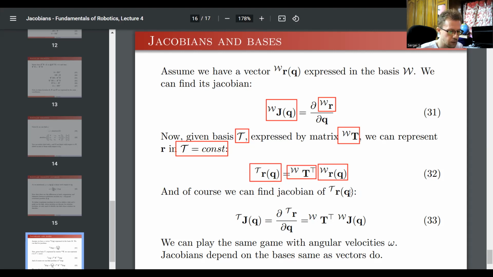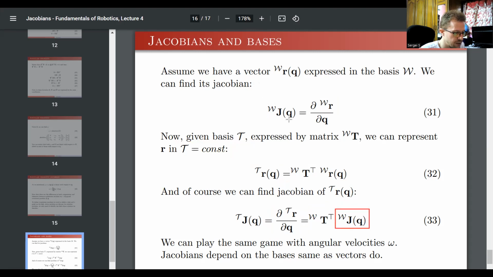Now we can take a derivative of this new vector, T R in T, and what we get is dr dq, which is the same as T in omega transposed times the original Jacobian, so the Jacobian in the world frame. So this guy is this guy.